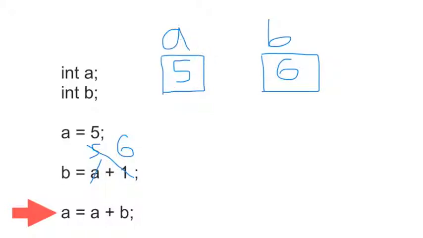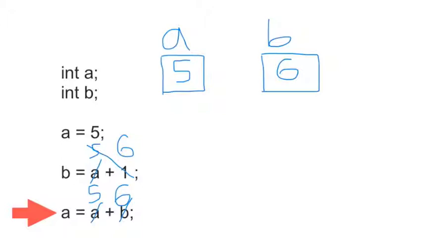So we replace this a here with a 5. And then we look to see what the value of b is. The value of b is 6. So we replace b with a 6, and now we have the expression 5 plus 6.